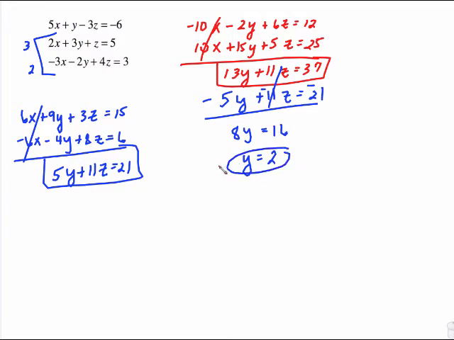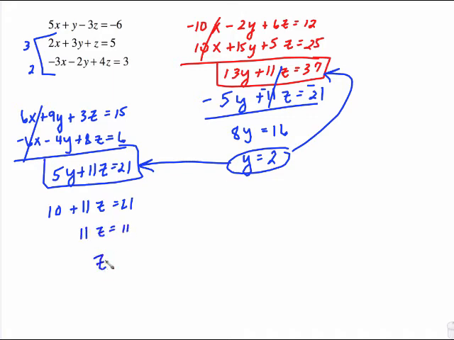And you can plug that y is 2 into either this one or this one, whatever one you feel is easier. I'm just going to go to this one because I've got more room here. 5 times 2 is 10, plus 11z is 21. Subtract 10 from both sides, gives me 11z is 11, so z equals 1. Now that I have two variables, I need to plug back into one of these, doesn't matter, and solve.